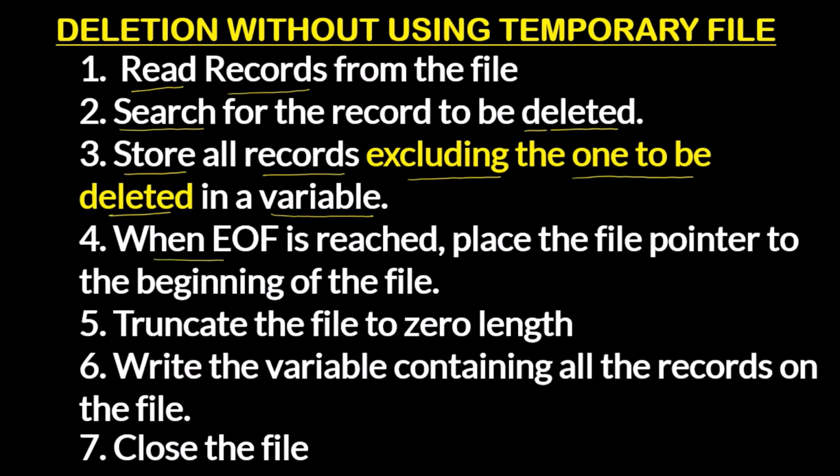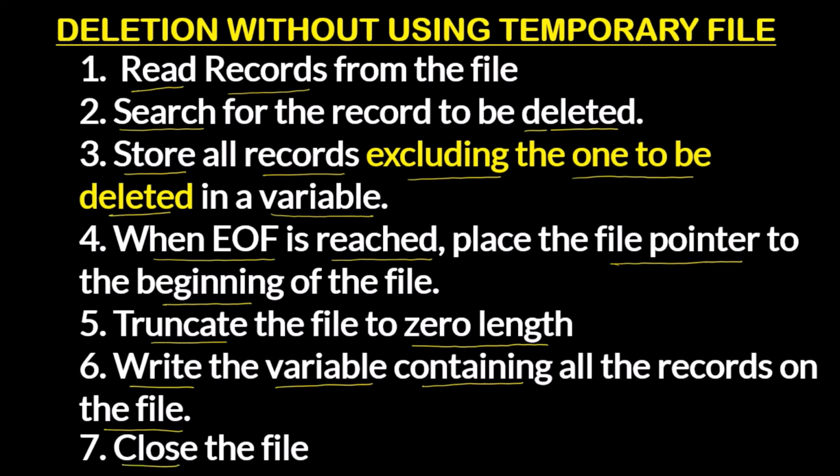And when end of file is reached, that is, all records have been read, place the file pointer at the beginning of the file, truncate the file to zero length, that is, destroy all its previous contents, and write the variable in which you have stored all records, excluding the one to be deleted, onto the file. And finally, close the file.